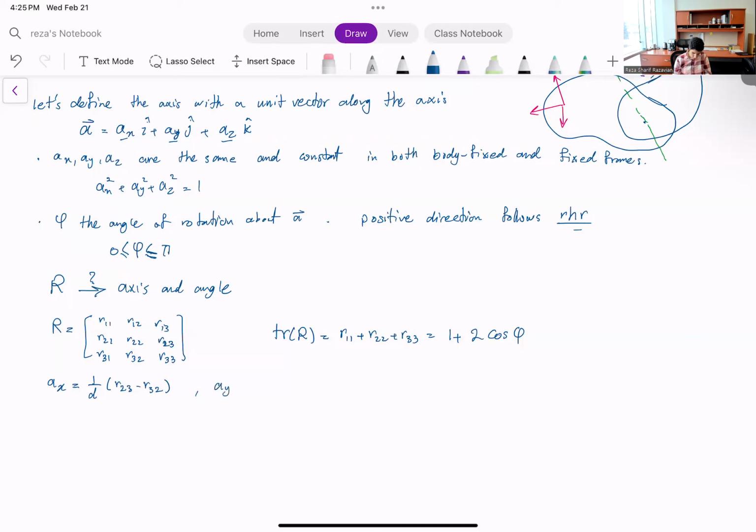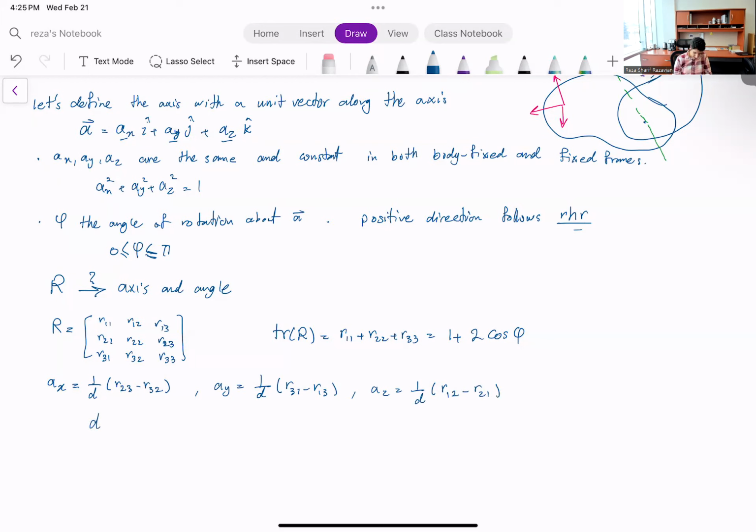AY is going to be 1 over D times R31 minus R13, and AZ is 1 over D times R12 minus R21.